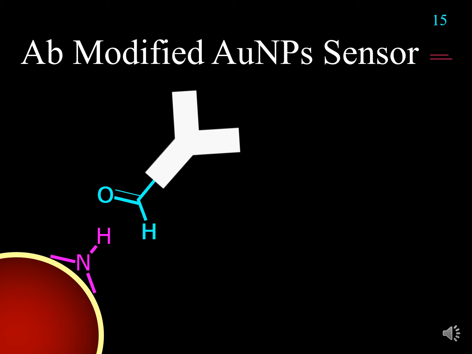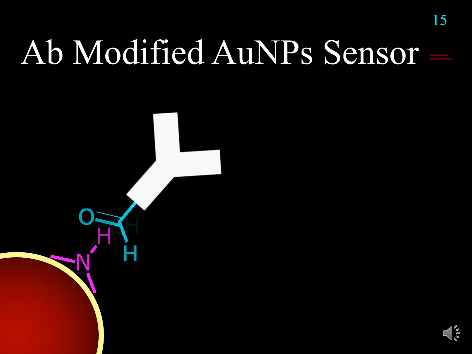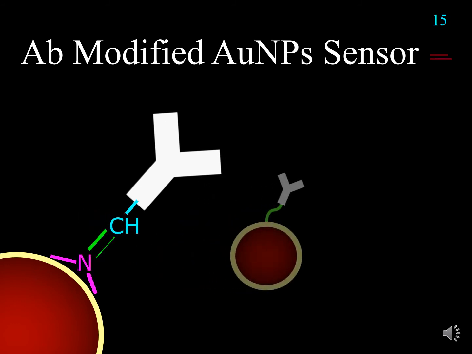PEI, with full of nitrogen atoms, can be very reactive to some functionalities, and so with the very active properties of nitrogen on PEI, we can modify the surface of the gold easily. The N, for example, can form an imine bond with the aldehyde group.